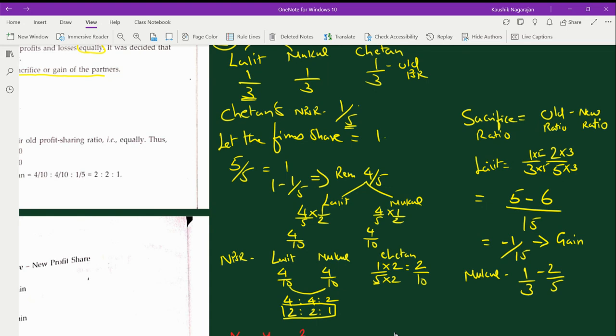Here you need not do the calculation once again because the old ratio of Lalit and the old ratio of Mukul are the same. Similarly, the new ratios are also the same. So straight away you can declare Mukul is also the gaining partner and his gain is minus 1 by 15. So the gain for Lalit is 1 by 15 and Mukul is also 1 by 15.